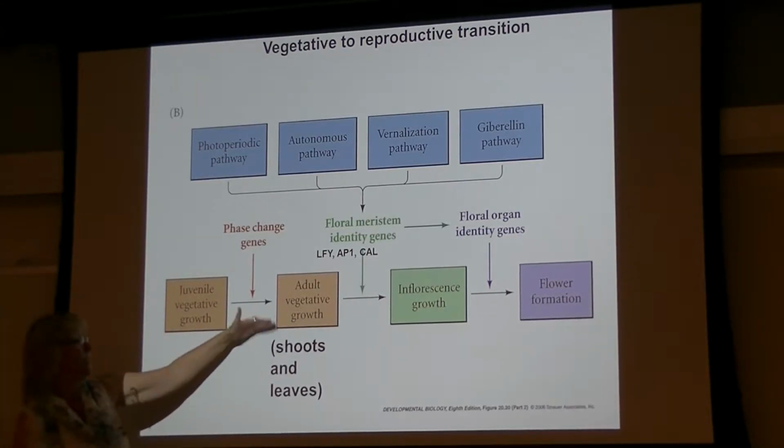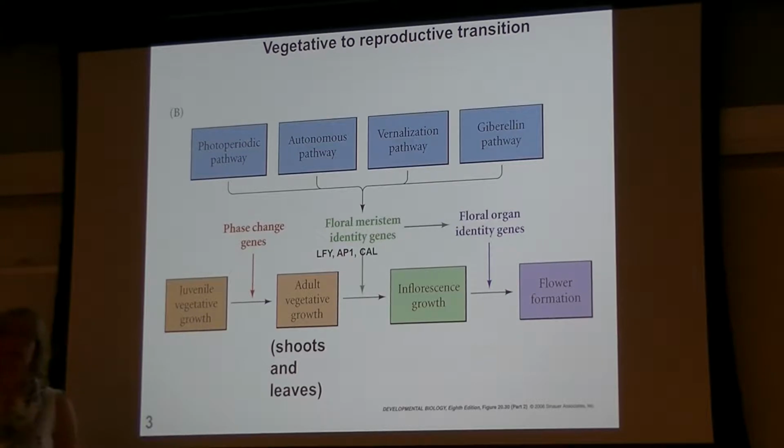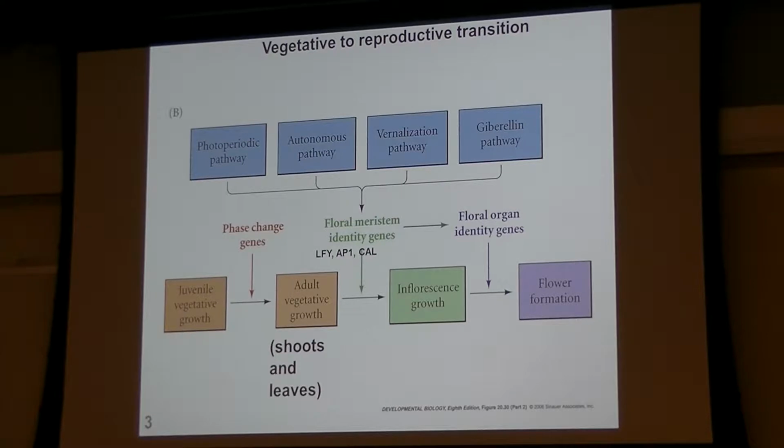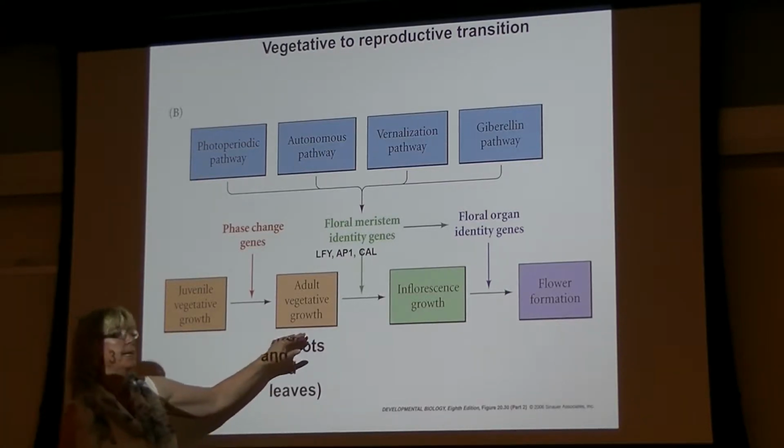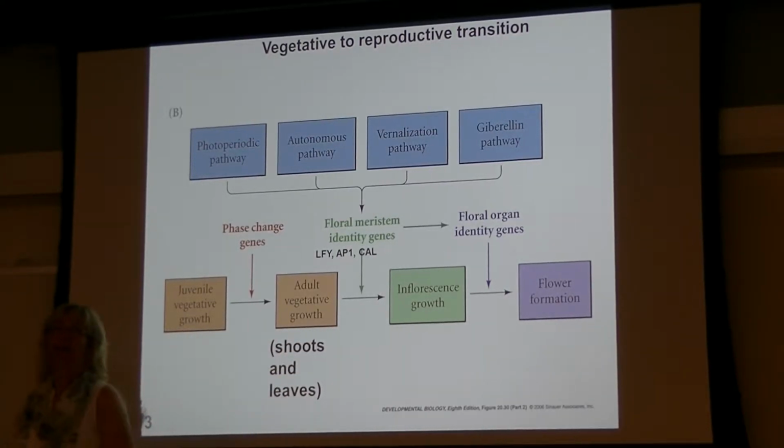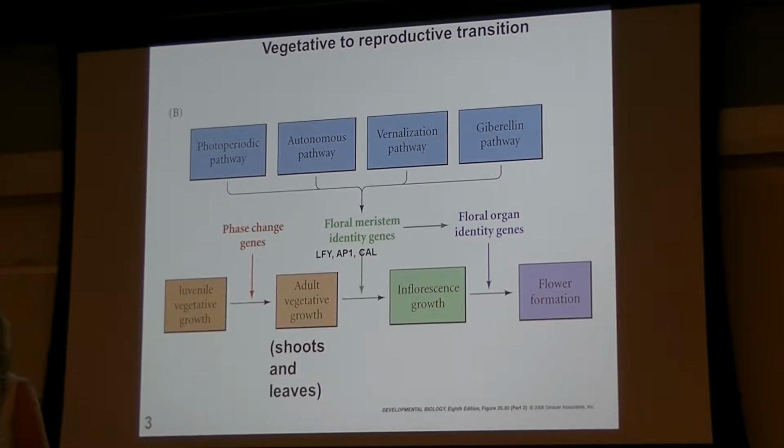And once we get into this adult vegetative stage, now this meristem is capable of making shoots and leaves. So these are your non-flower structures that an adult plant would have. Then, to get to the point where this meristem could actually make a flower, it requires two steps.